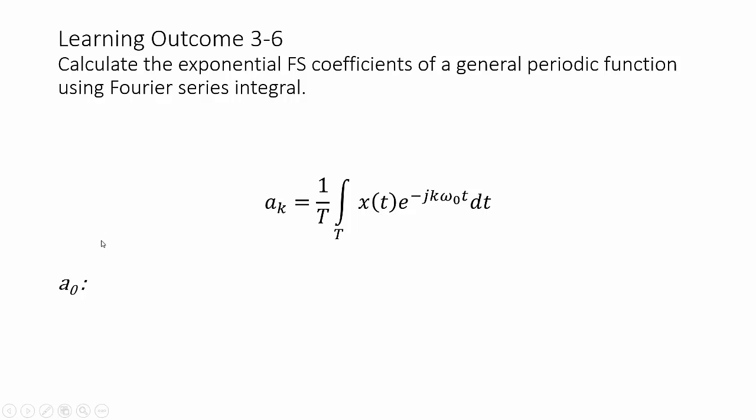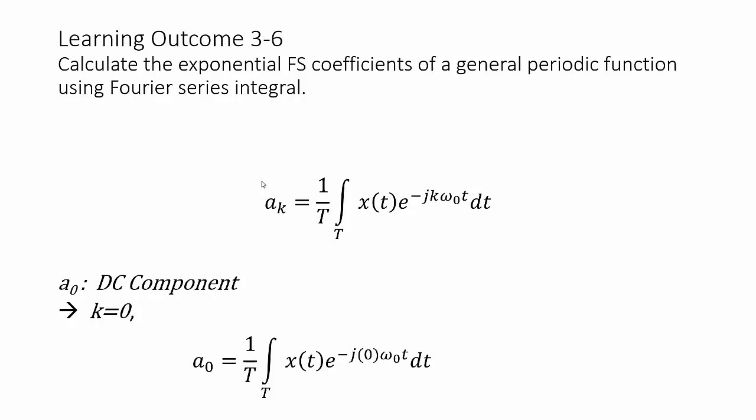Next, we'll look at a0. This is called the DC component of our Fourier series, and this occurs when our value k is 0. In order to calculate this, we use this formula, but we substitute in k equals 0.